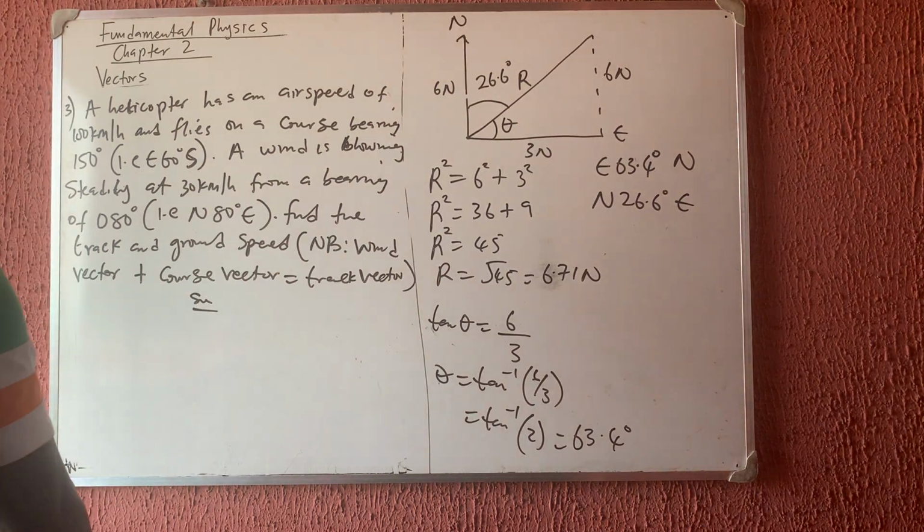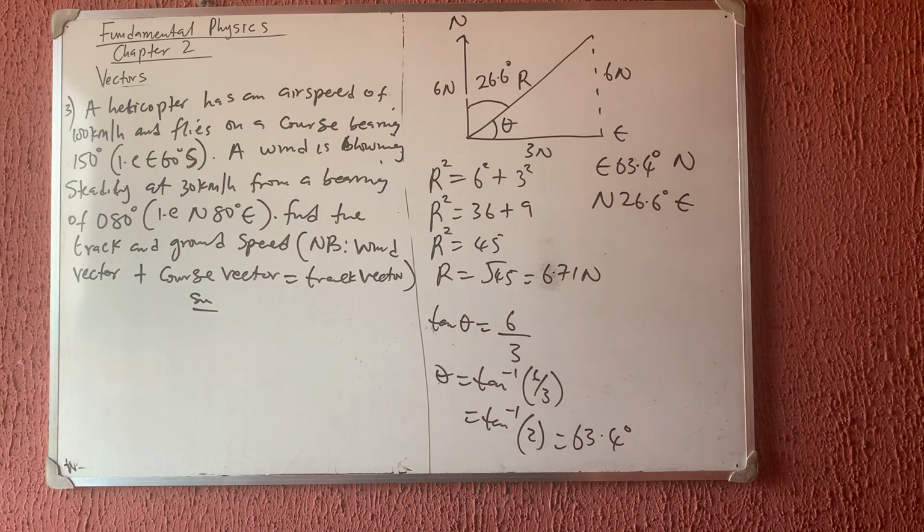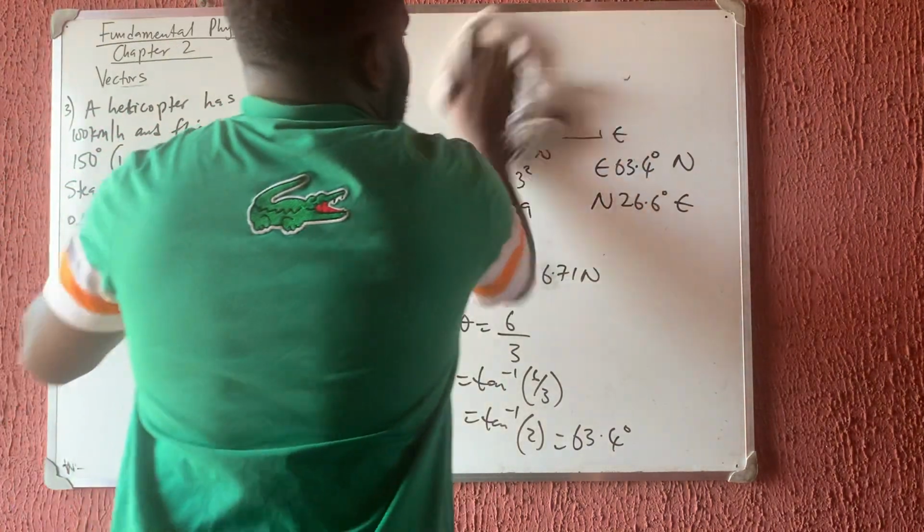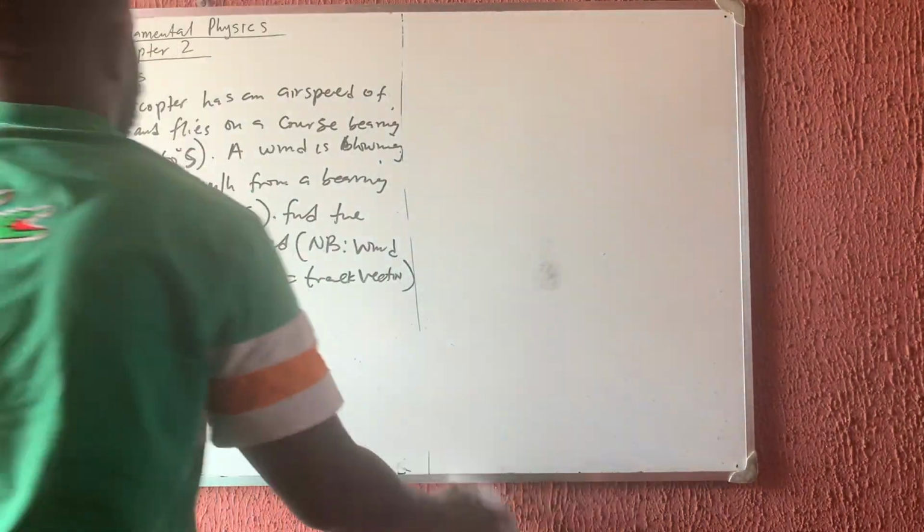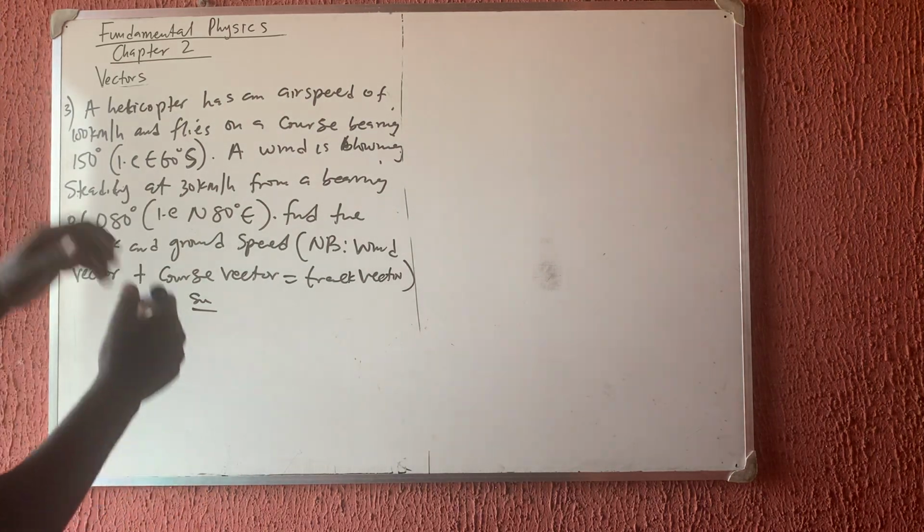Now let us draw that. They say that a helicopter has an airspeed of 100 kilometer and flies on a course bearing of 150 degrees.